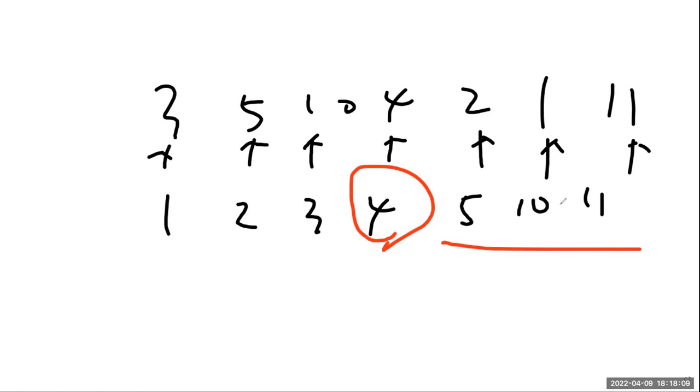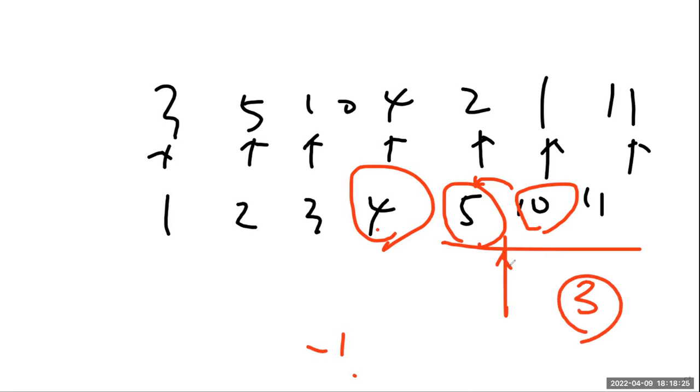The middle one in the right side is 10. It's bigger than 7, so I check the one on the left, which is 5. 7 is bigger, so it would be over here. So 7 is missing, but it just uses 3 operations. I know 7 is not in the list.